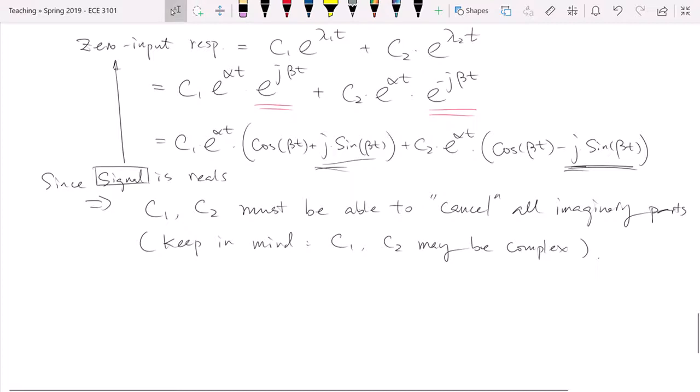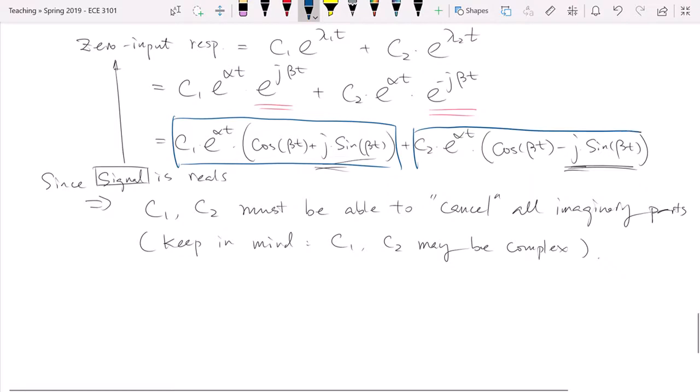So when you have a pair of numbers, one's like this, the other's like this, and they look so similar, right? And if you want to make sure that when you add these two signals, or these two parts, the eventual signal is always real, always take real numbers, just real.